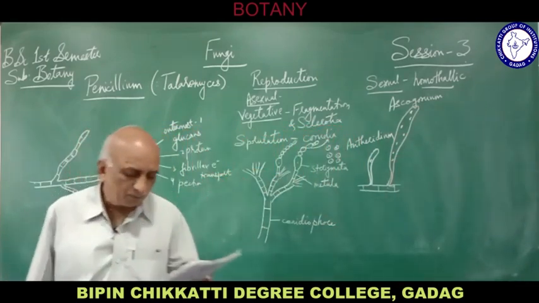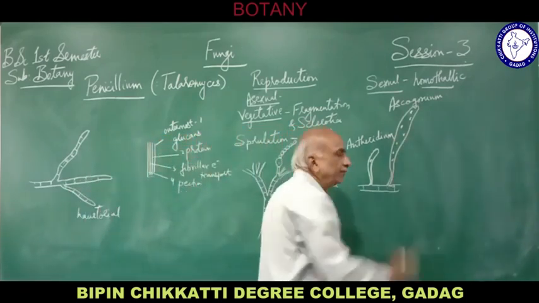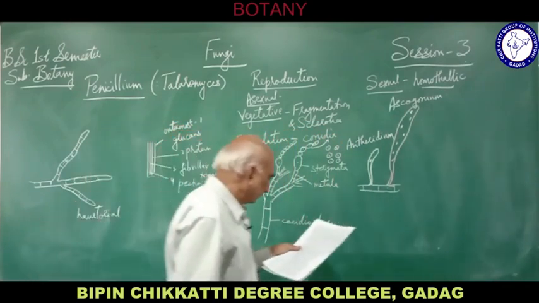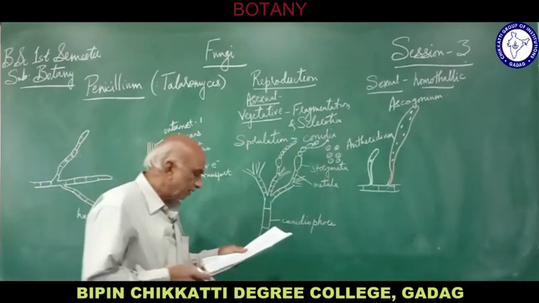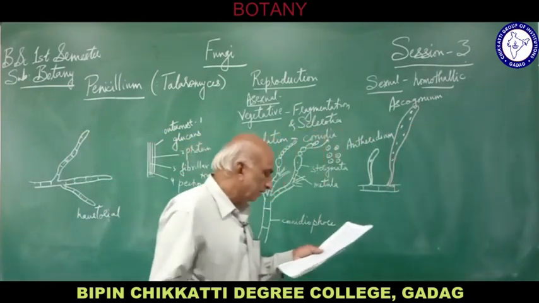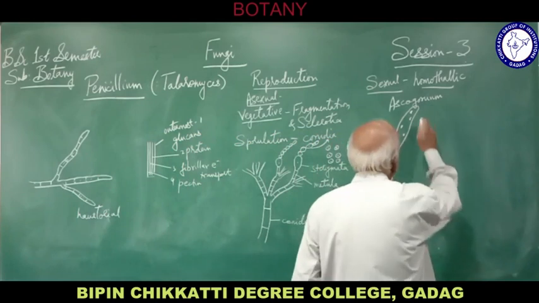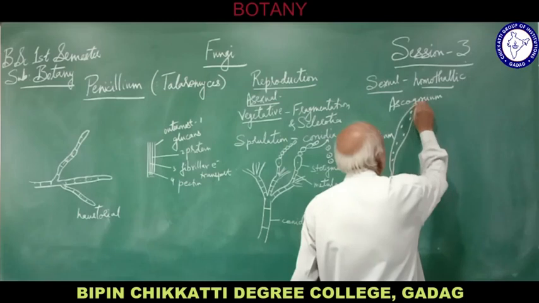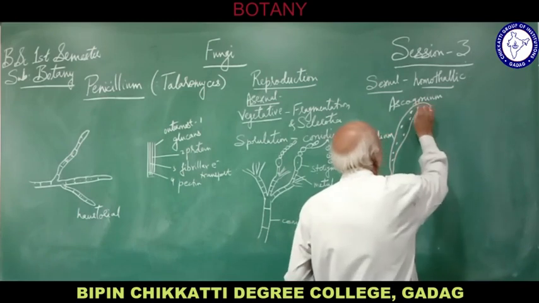And the ascogonium is tubular, it does not have septa, but it has free nuclei, coenocytic in other words. This ascogonium has a somewhat umbrella-like structure. The ascogonium at its upper end may be curved into a handle-like structure. Sometimes the tip of the ascogonium is bent like this, like an umbrella shaped structure, or may not be.